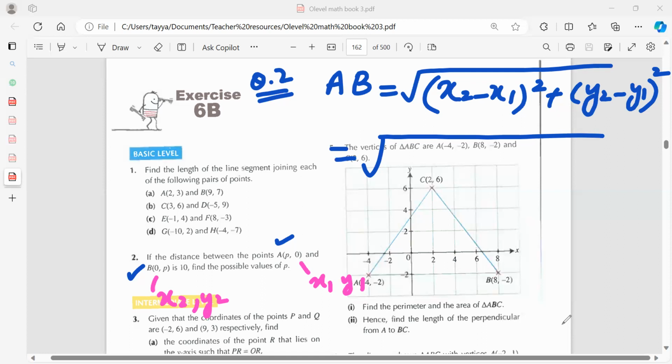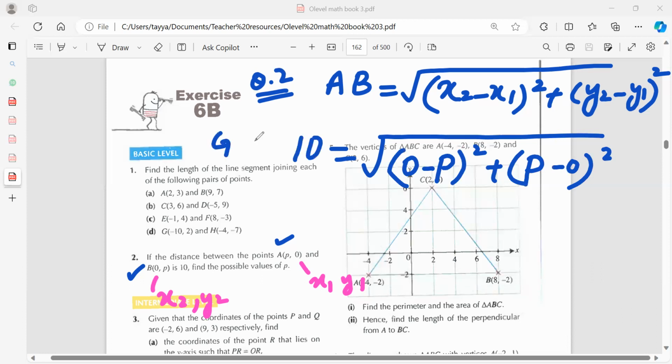x2 is 0, x1 is p, so it is square. And y2 is p, and y1 is 0. And the AB distance is given, that is 10.